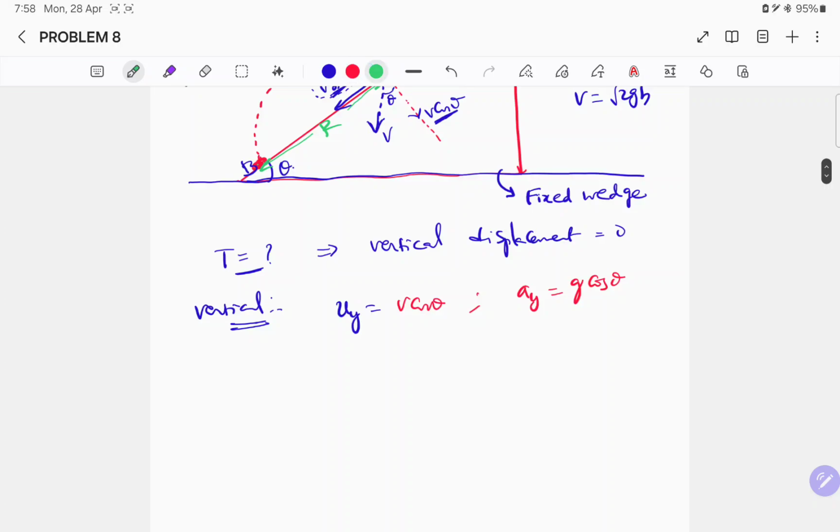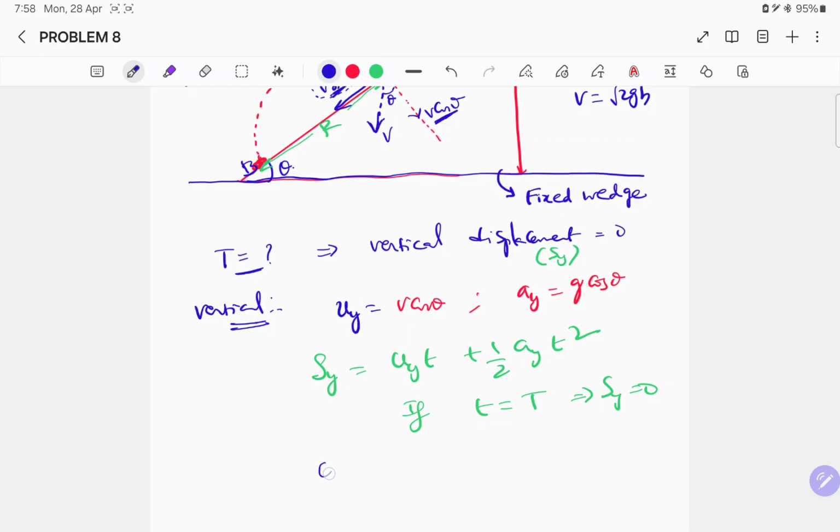As displacement along the y-axis is 0, if you take the second equation, Sy is equal to ut plus half at square. If t is capital T, then vertical displacement is 0.